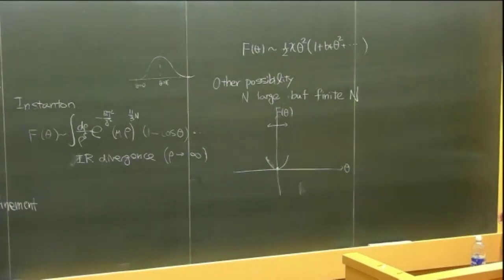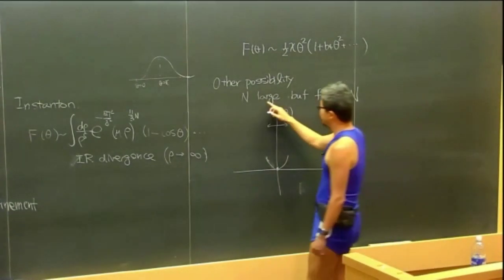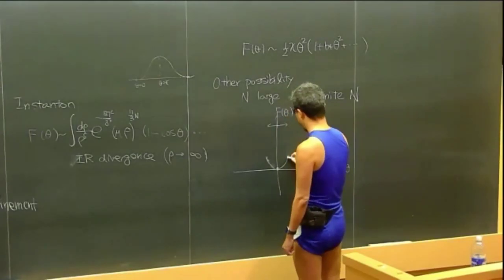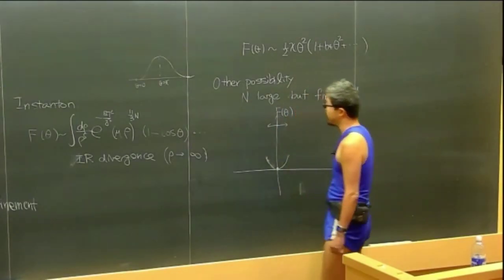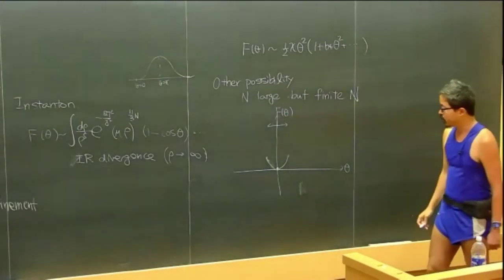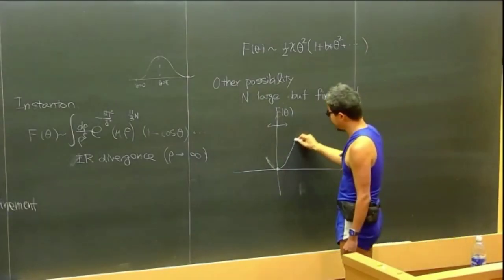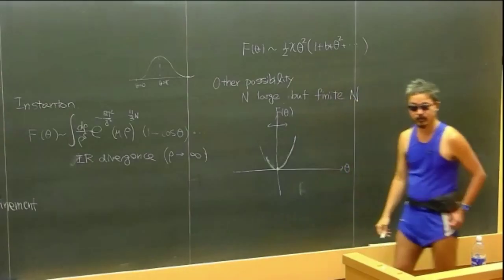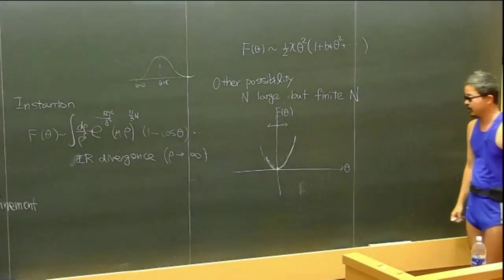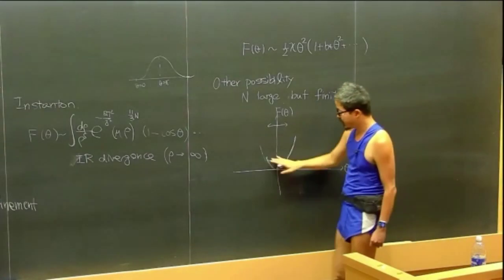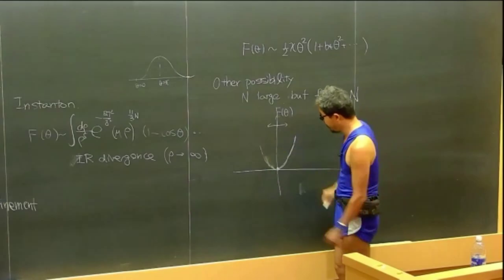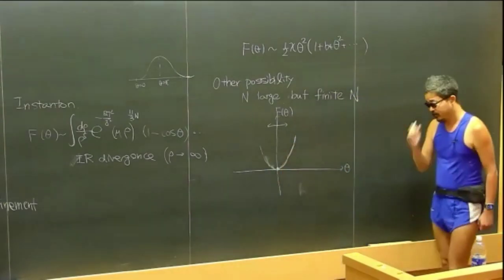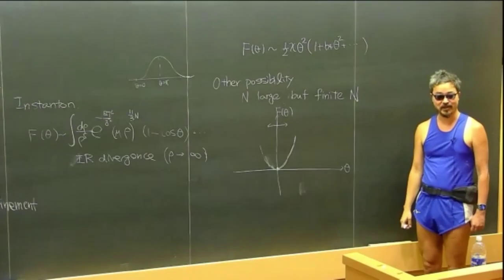And in fact, what some people argued is that in the large N limit, you can do the scaling, and you actually get a quadratic function. That's already an interesting observation, because if it's a quadratic function, then it's obviously not 2 pi periodic.